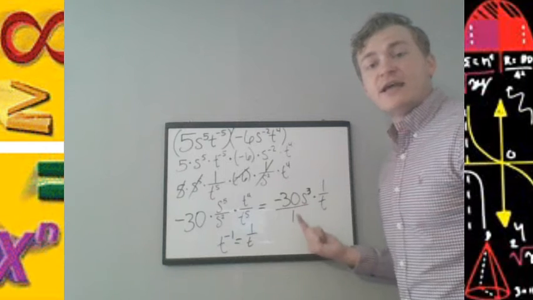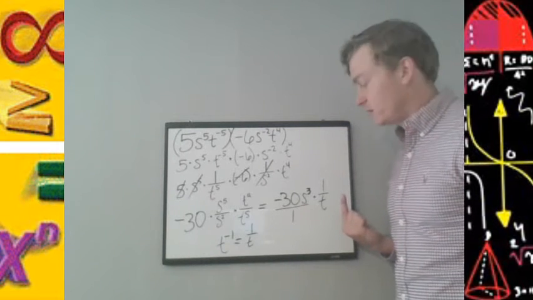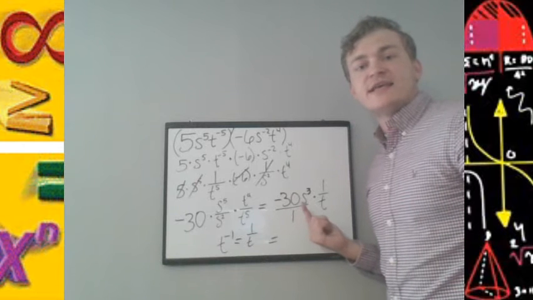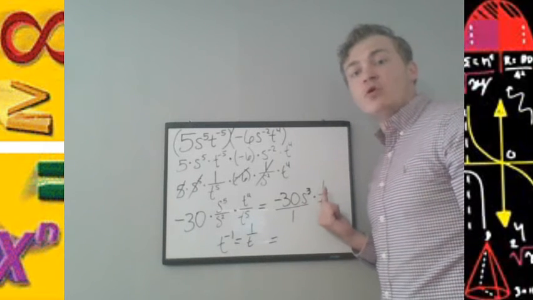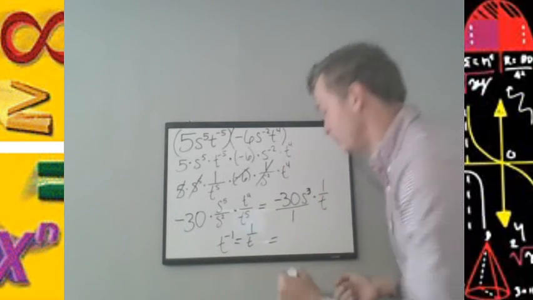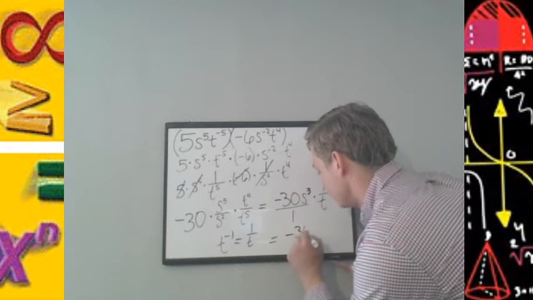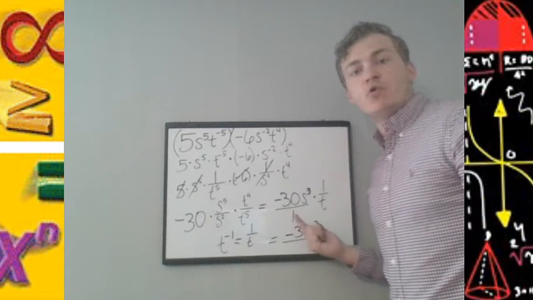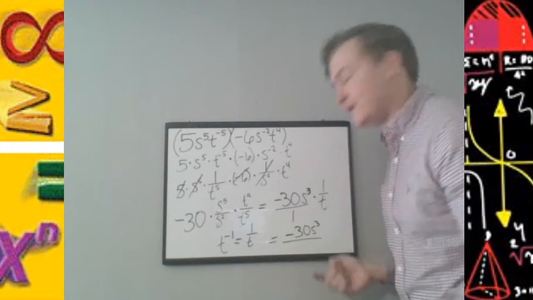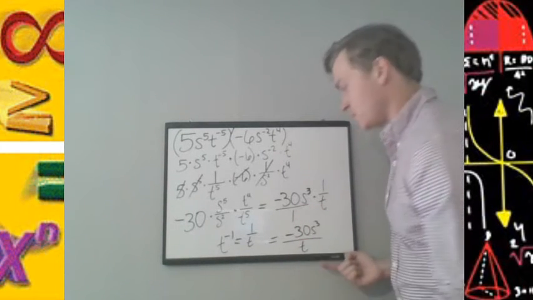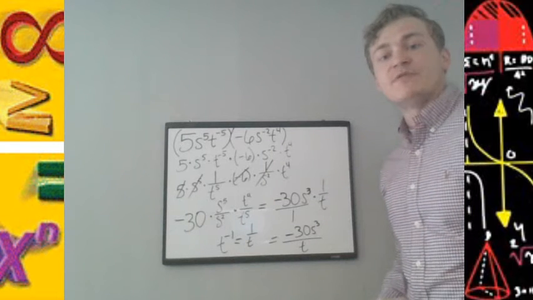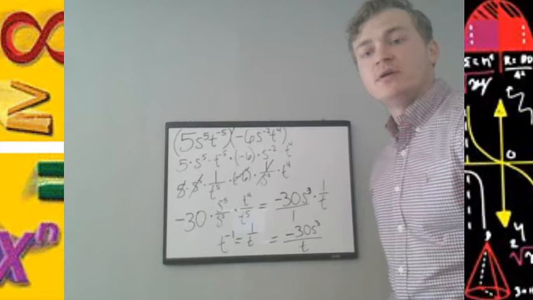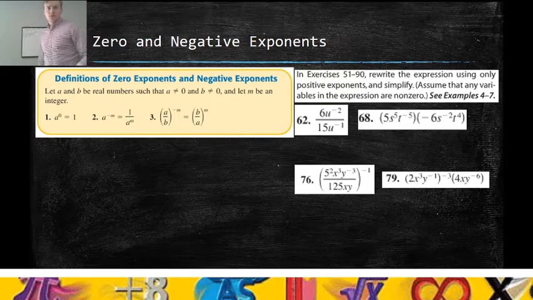But this allows us to now multiply the fraction 1 over t. In our numerator, negative 30s cubed times 1 is negative 30s cubed. However, in our denominator, 1 multiplied by t is simply t. So regardless, we get our simplified rational expression, negative 30s cubed divided by t.